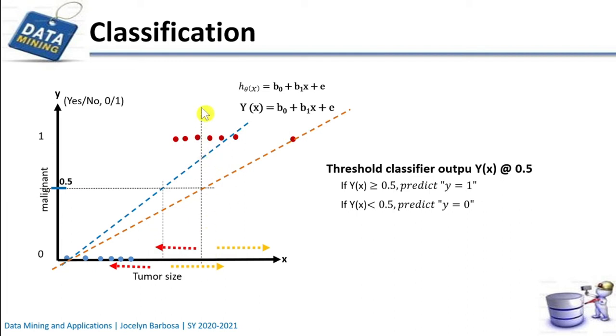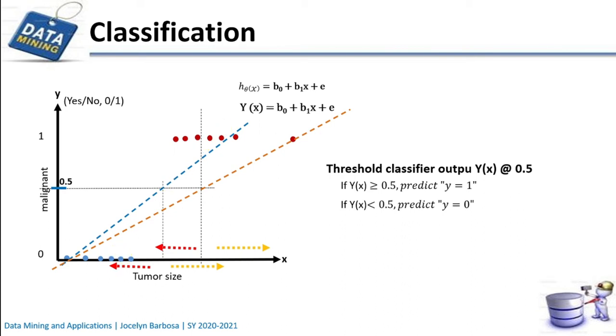And as you can see here, it seems pretty bad for linear regression, because these are our positive examples, and these guys over here are our negative examples, which basically separates the samples right here and here.